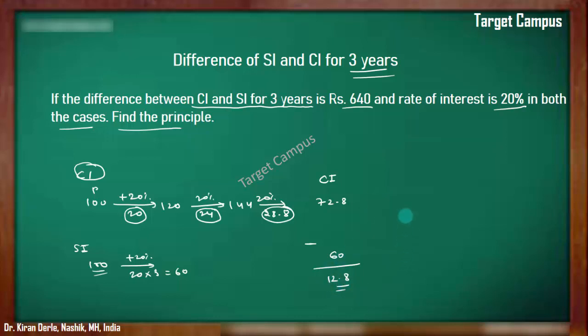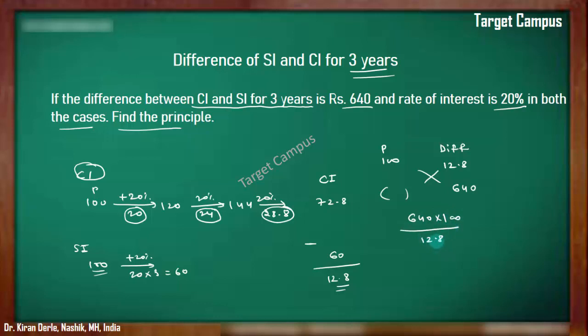So if the principal is 100, the difference is 12.8. What if the difference is given as 640? What should be my principal? Solving this, 640 into 100 upon 12.8.